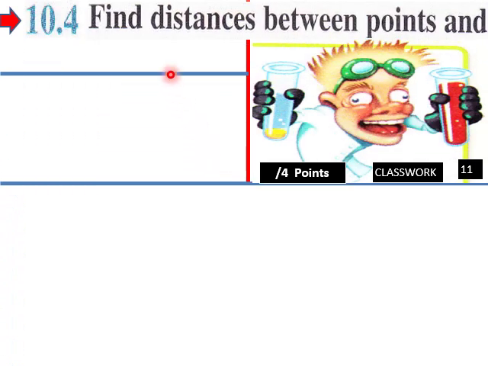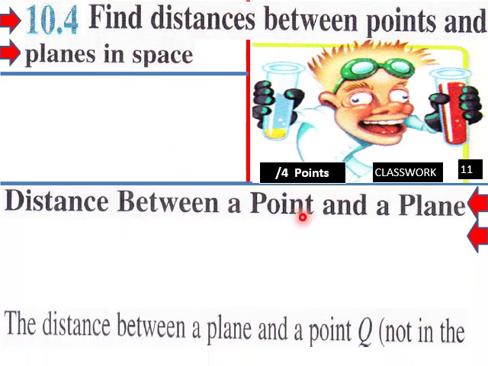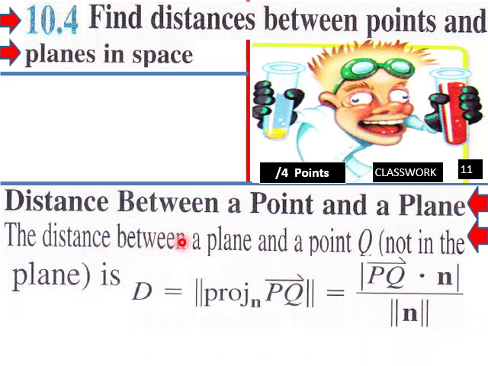Into 10.4, find distances between points and planes in space. So the distance between a plane and a point Q not in the plane is D. D here, the distance, is equal to the magnitude of the projection of vector PQ onto n, which equals the absolute value of vector PQ times n over the magnitude of n.